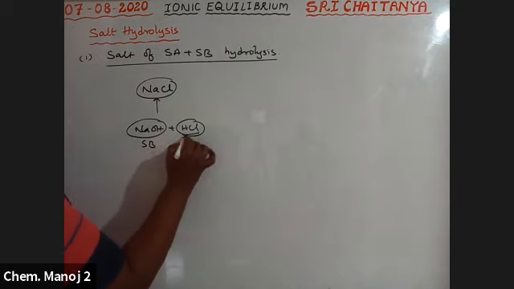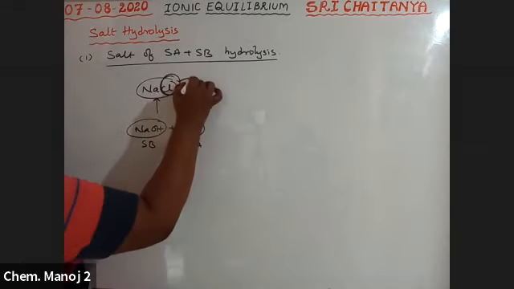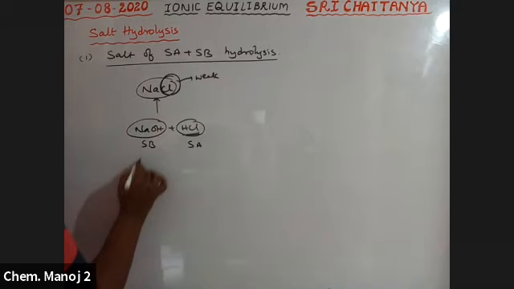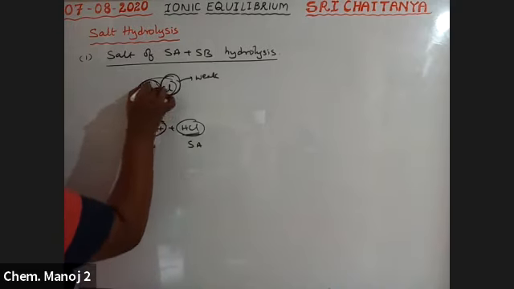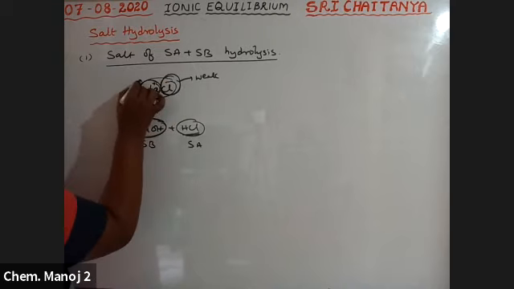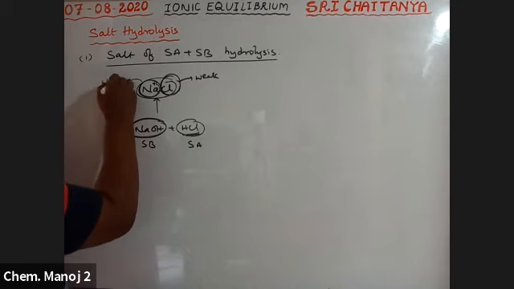Now, HCl is strong, so its conjugate counterpart, Cl minus, is weak. NaOH is strong, so its conjugate counterpart, Na plus, is also weak.